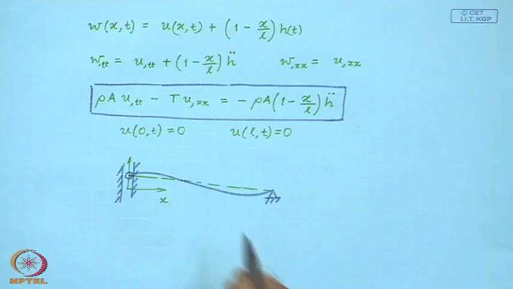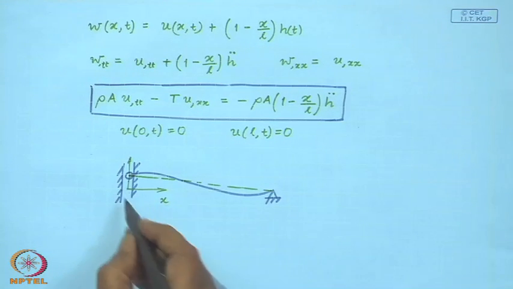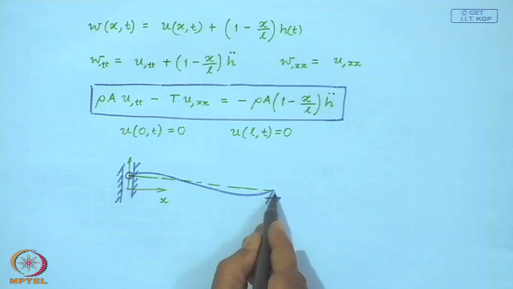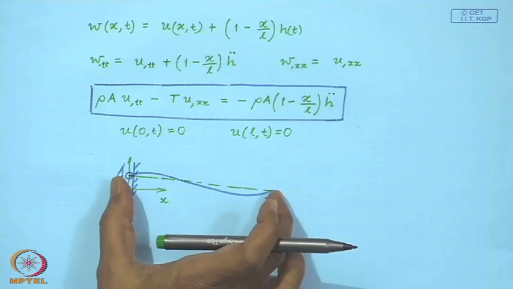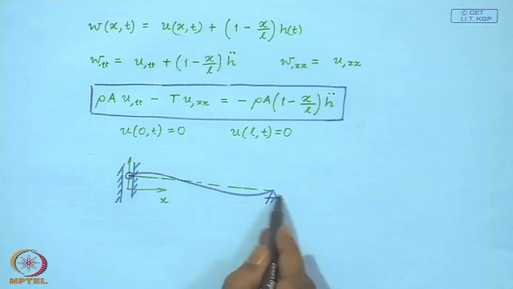With the choice of eta as I have done, we have shifted to a frame which is indicated by this green line.